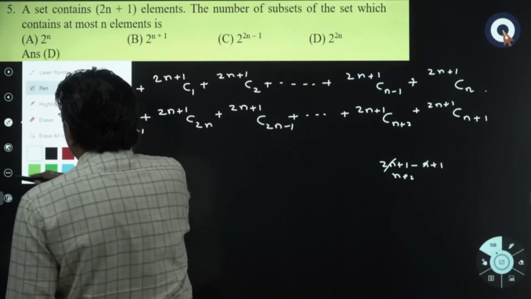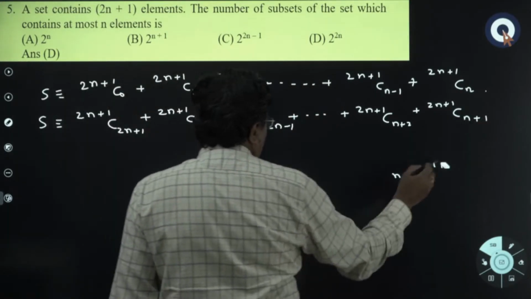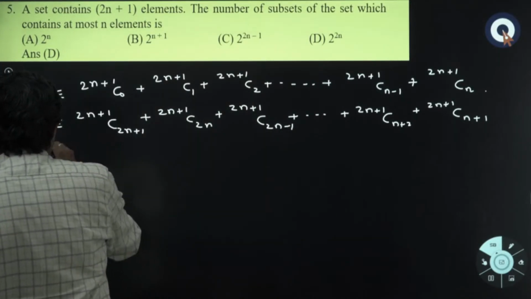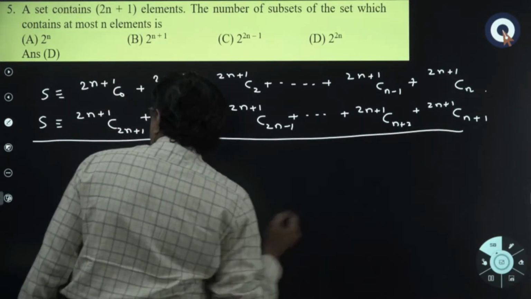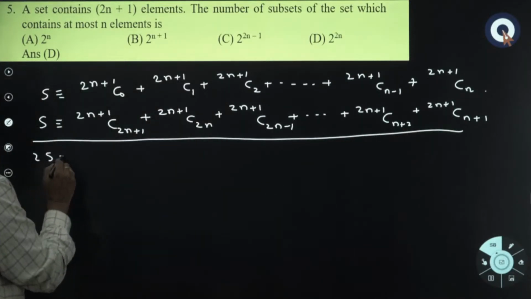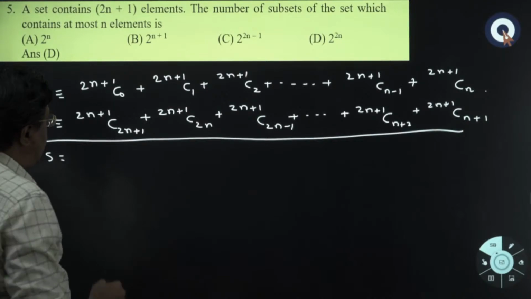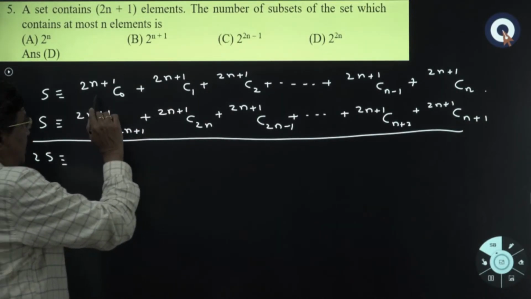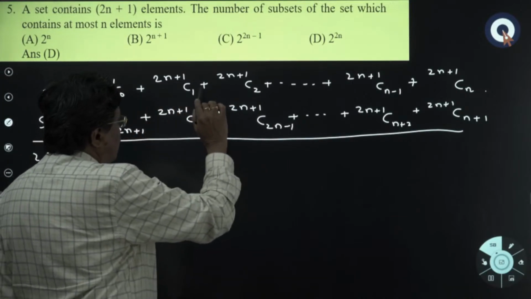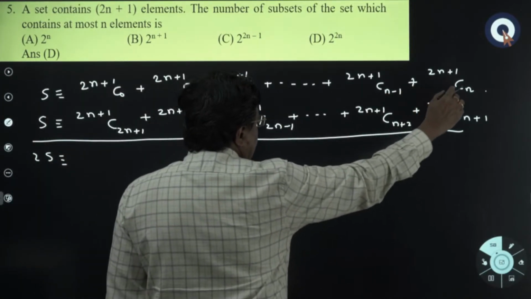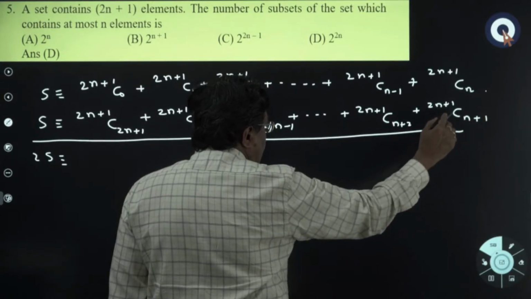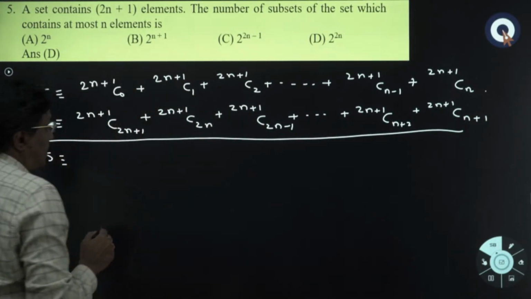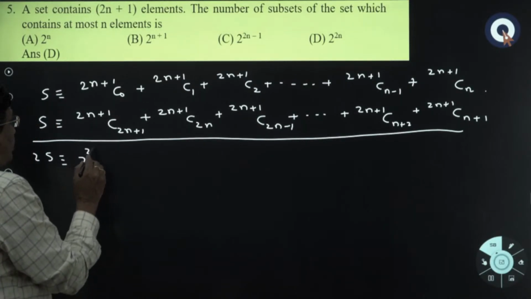Now if you add these two, we get 2S is equal to, while adding, you think of adding like this: 2n plus 1 C0 plus 2n plus 1 C1, and go on up to 2n plus 1 Cn, and then 2n plus 1 Cn plus 1, and so on, up to 2n plus 1 C 2n plus 1, which is nothing but 2 to the power 2n plus 1.